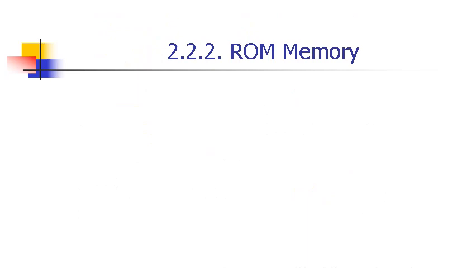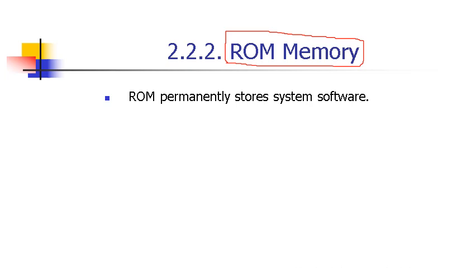Okay, let's now pay attention, get a little closer to ROM memory devices. ROMs are devices which store data permanently, like your system software. Your system is configured and defined by some software which should be unchanged whenever you boot the system.